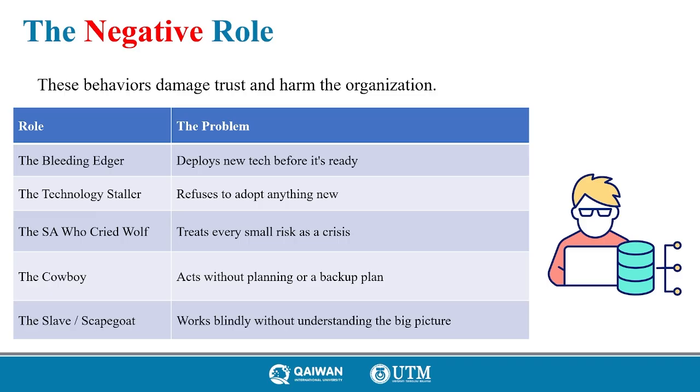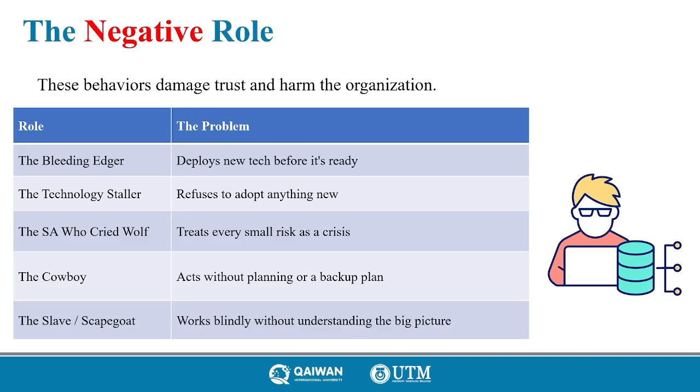Or the SA who cried wolf. If you are the one who cried wolf, you would be the person who treats every small risk as a crisis. Don't be that person, because in life there are some risks, and network system administrators are no exception. They will have some risks to take.